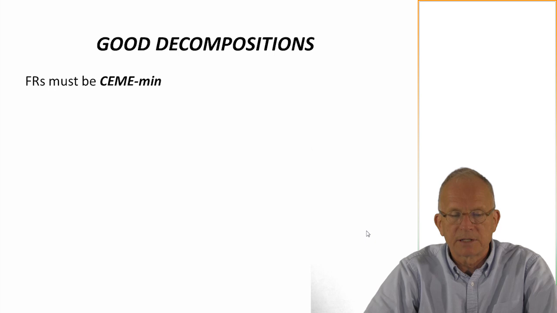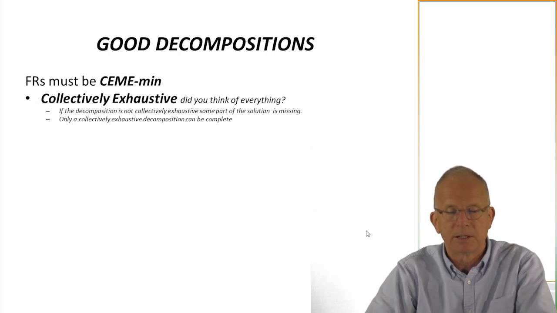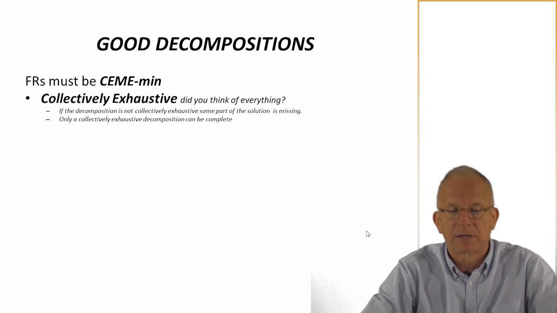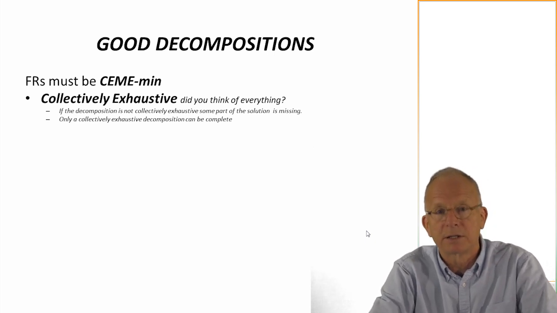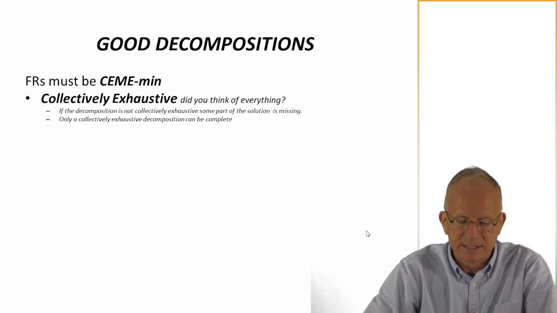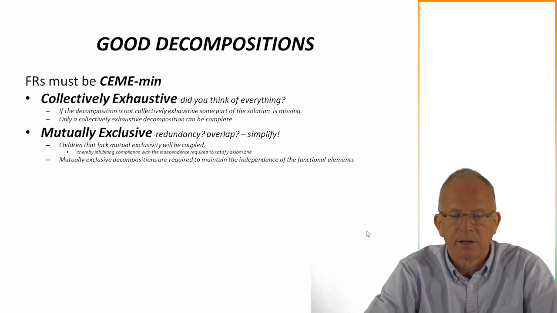As we've said several times now, good FRs must be semi-min. Collectively exhaustive. Did we think of everything? Because if we haven't been collectively exhaustive, then some part of the solution will be missing. Only a collectively exhaustive decomposition can be complete. Mutually exclusive.